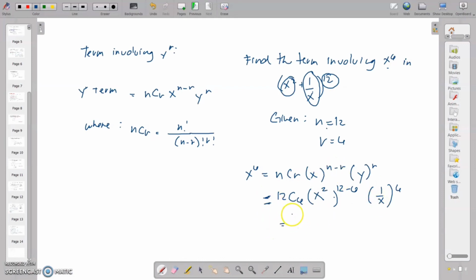So 12 factorial over 6 factorial times 6 factorial.